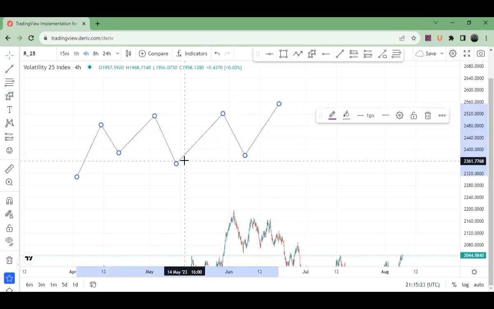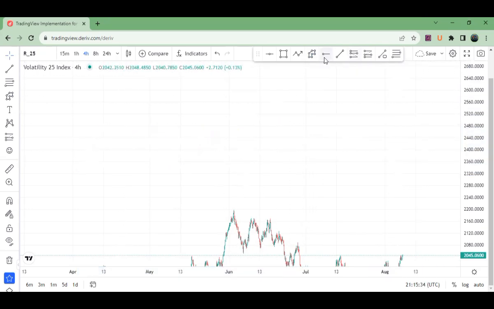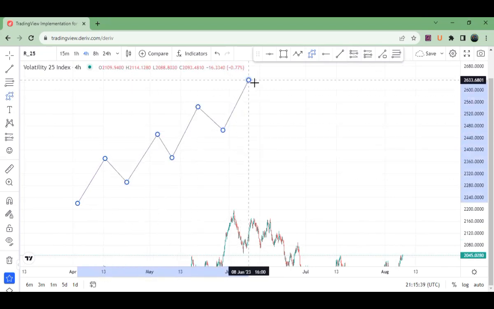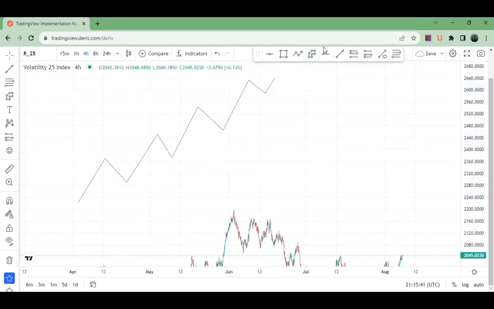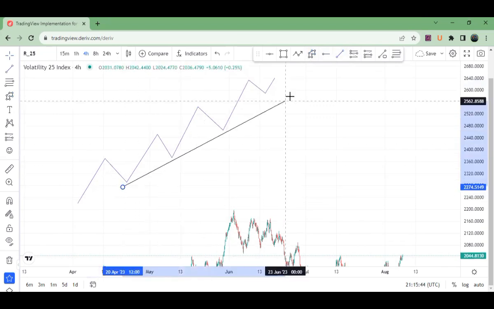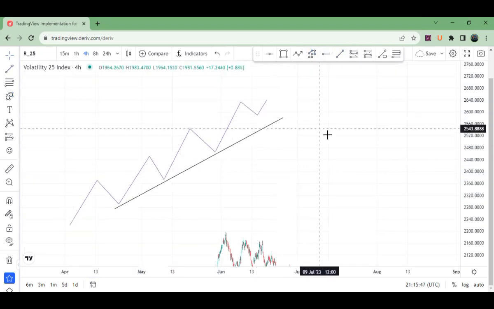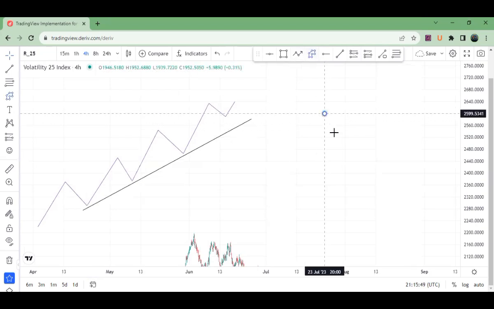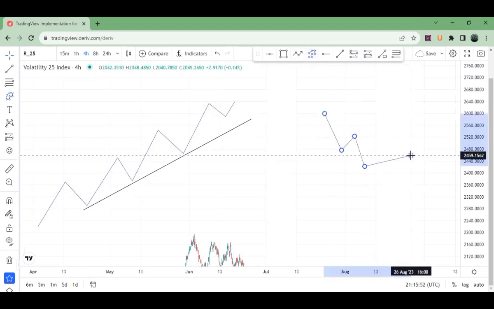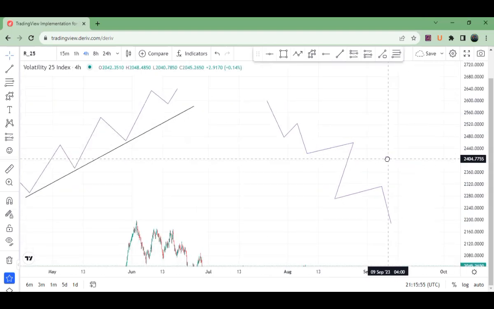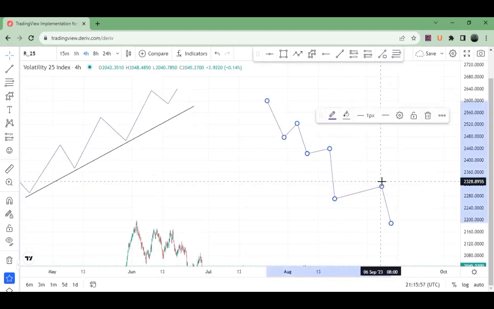Now there are three different market structural movements when we're talking about price action. One, we have what we call a bullish trend, which we all know already, when it creates higher highs, higher lows. Good, and then you say it is a bullish market. On the other hand, when the market is creating lower lows, lower highs, don't mind my drawing, then you say it's a bearish trend.